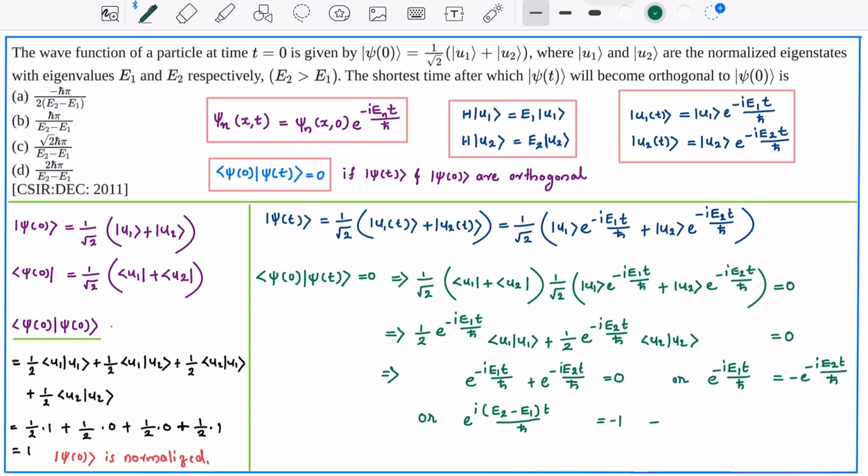Now this happens when e2 minus e1 t by h bar is equal to pi, because e raised to i pi equal to minus 1. And from that we get t is equal to pi h bar divided by e2 minus e1. Therefore from the given options, option B is the right option.